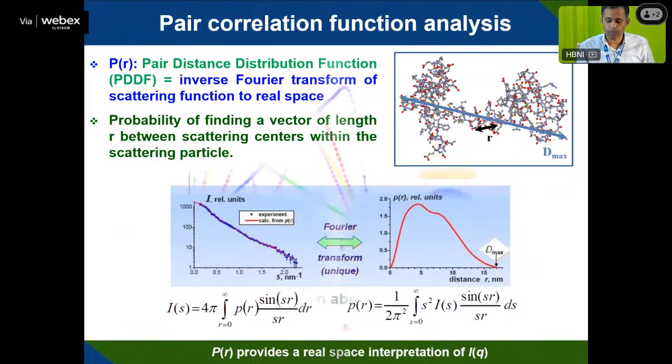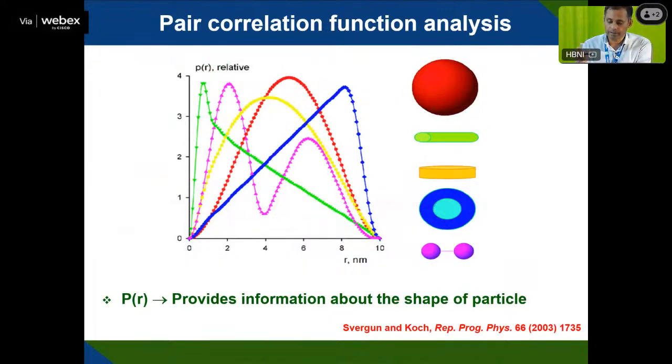From there, you can also see whether the particle is spherical, rod, core-shell, or dumbbell. You can see here if it is highly symmetrical. The pair distribution function is the probability of finding a particular R in the whole scattering length.